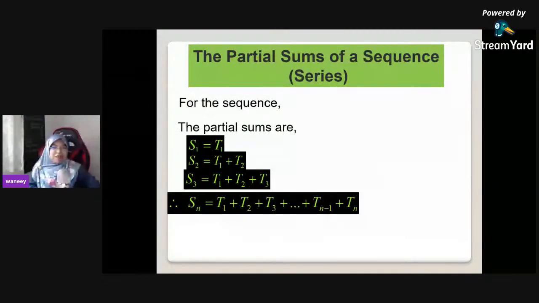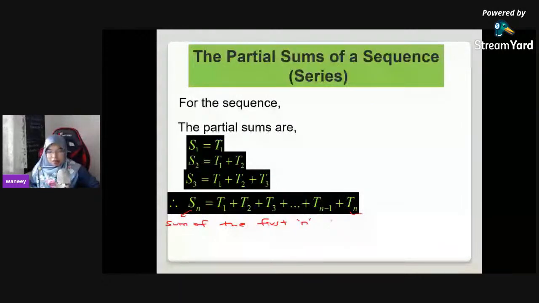So that means if you have to find the sum of the first n terms, it will be the first term, second term, third term, plus up until the nth term. This is the sum of the first n terms.